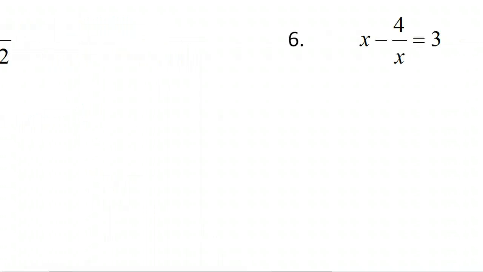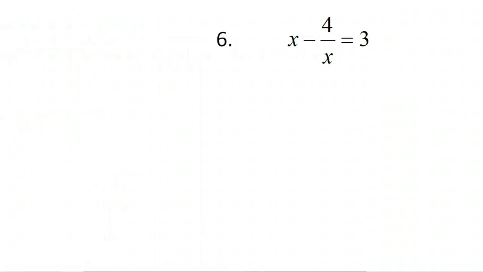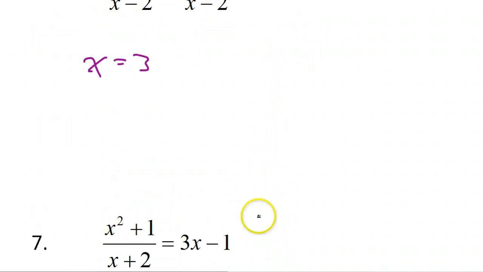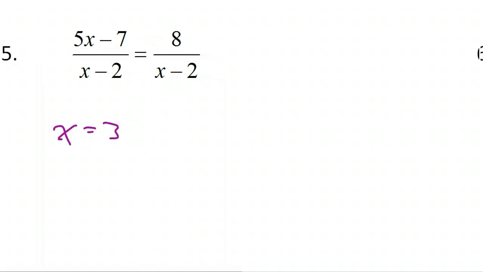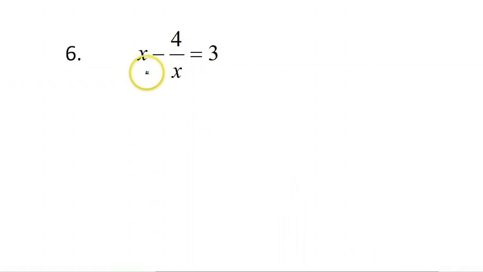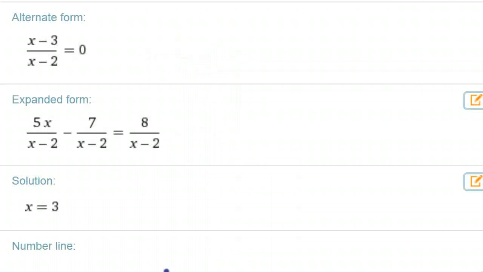Let's see. I want to do one more. I wanted to do one that had squares in it. I guess I'm just going to have to go ahead and do the next two, because I don't want to just skip one. So let's look at number 6. (x - 4)/x equals 3, Wolfram Alpha style.